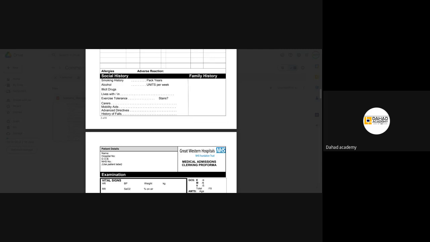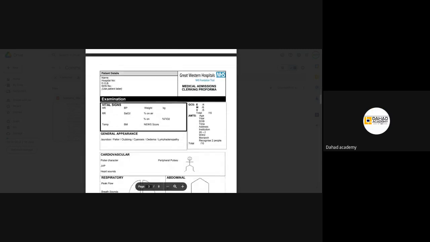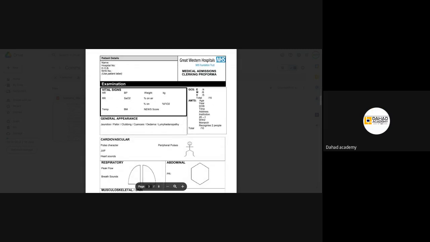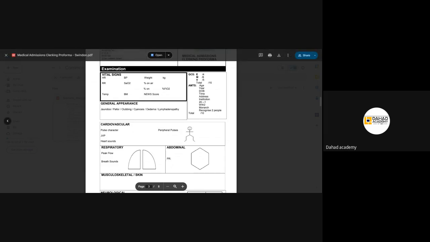Okay. And then take the vital signs again, the heart rate, the blood pressure, the respiratory rate, the temperature, the NEWS score. Why is the NEWS score important? Do you remember?